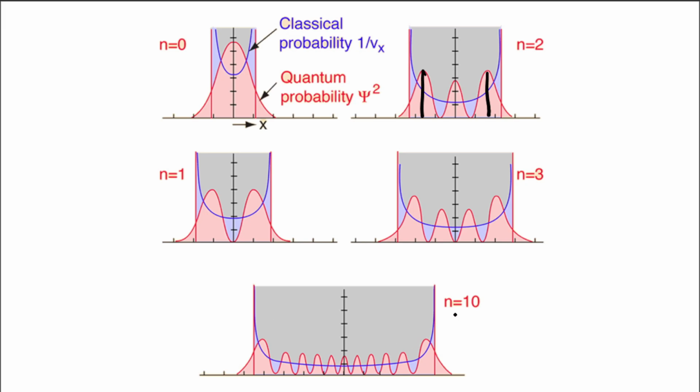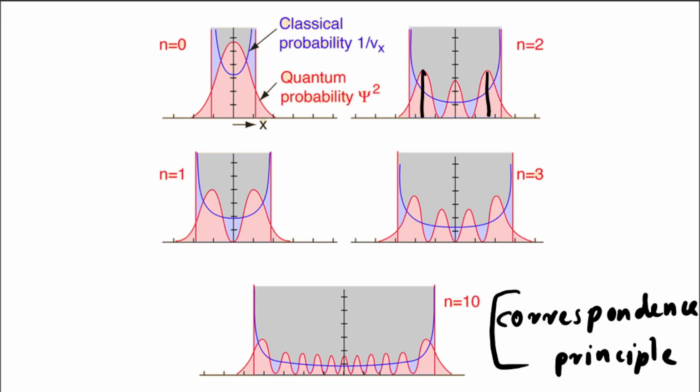Here we can see that as n is 10, the wave function is becoming more and more similar to that of the classical harmonic oscillator. Take a screenshot of this picture. This part is very important because it will be asked in most interviews. You have to understand this concept and know these things that I have said now.